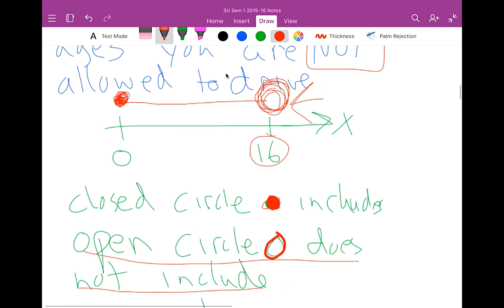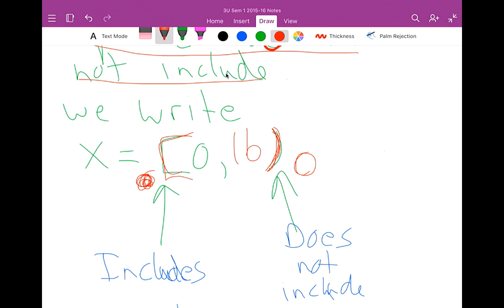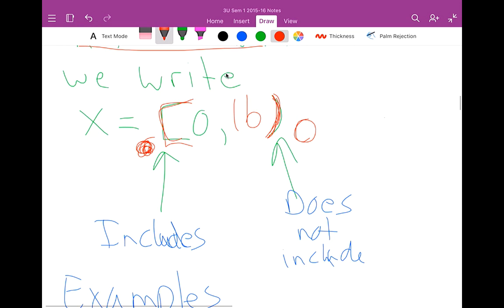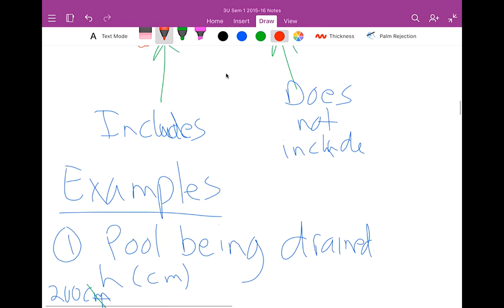So if we went back up to our scenario, these are the ages you're not allowed to drive. You're not allowed to drive at age 0, and then all the way up to 15.999999999, which really is from 0 to 16, including 0 because it's a square bracket, but not including 16.